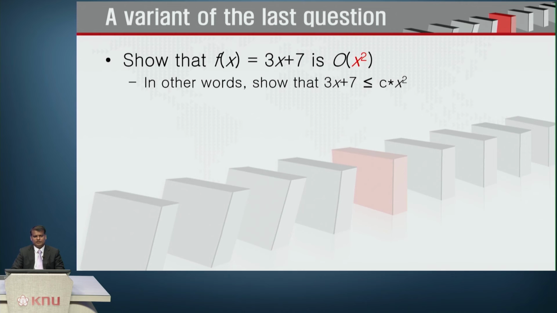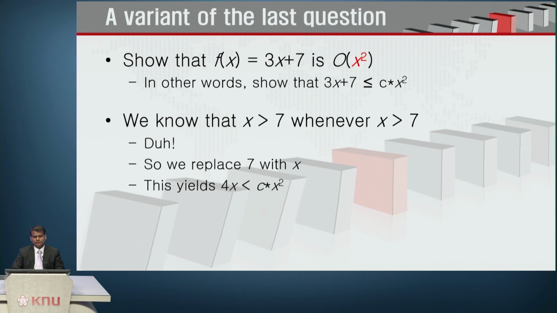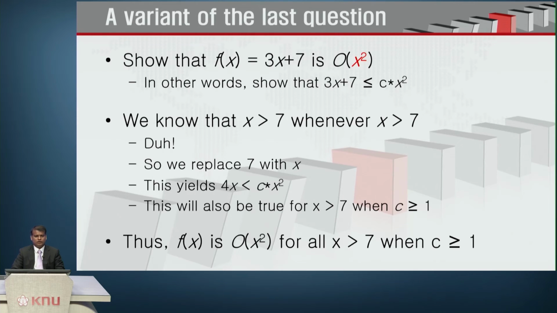So here again 3x plus 7 is big O x square, and when you try to solve this, you get similar results. This is also true for x greater than 7 when c is greater than or equal to 1. In fact it works this way because here it is not 4x square less than or equal to c times x square, it is 4x. That is why it would work for c greater than or equal to 1.